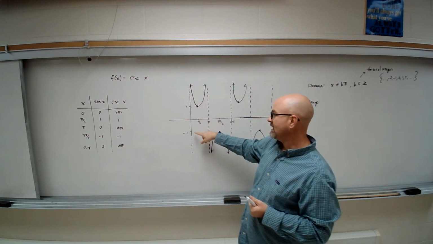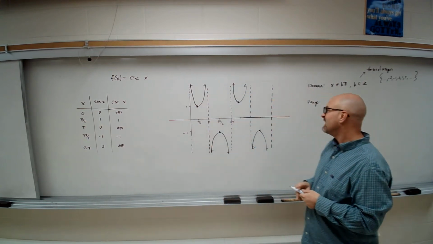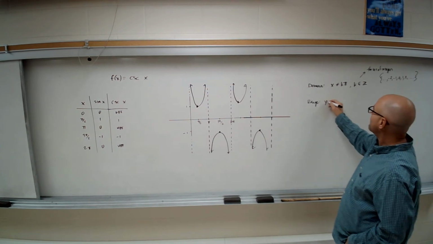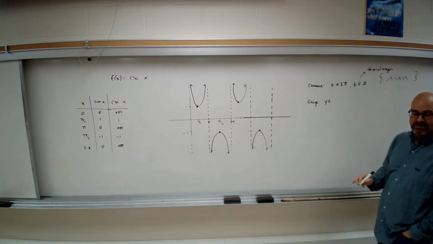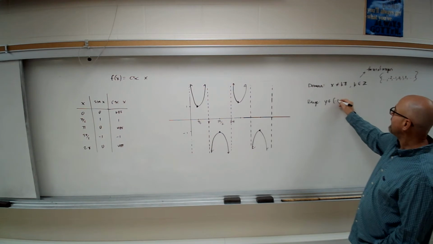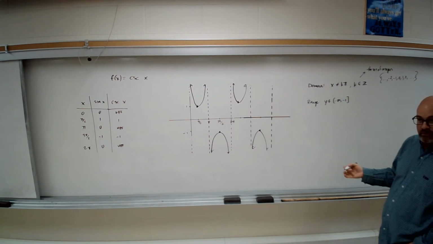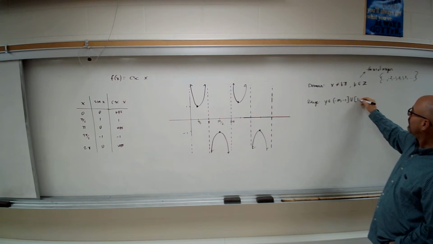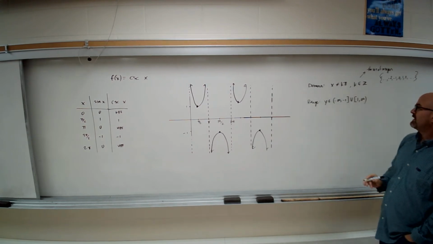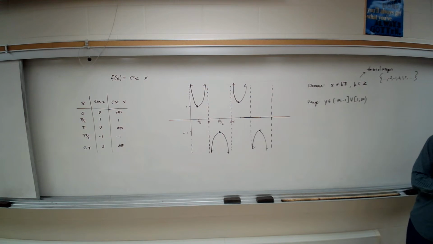And then we'd have a point at -1 and everything below it. So our range would be that y is contained, if you want to put that symbol there, you can, from -infinity to -1 with a bracket, because -1 is included, union 1 to infinity is how we would write the range for that function.